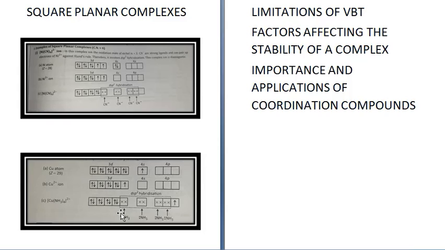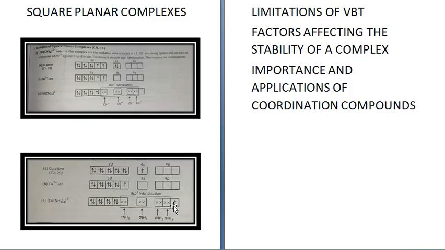Now it has been observed in X-ray studies that a square planar geometry is formed. So we have assumed that this 3d electron has jumped to the vacant 4p, and the hybridization is dsp2 hybridization.